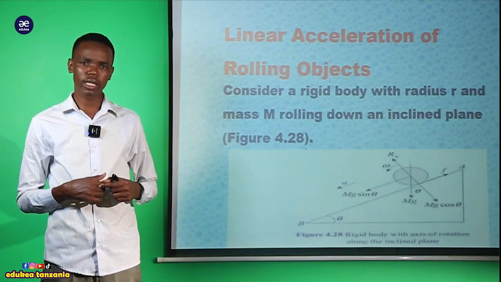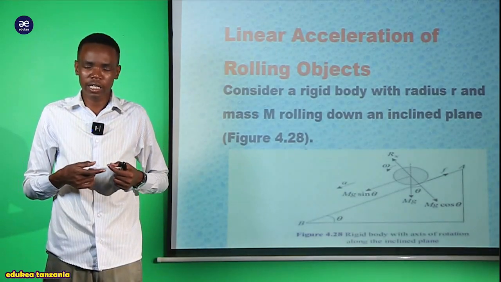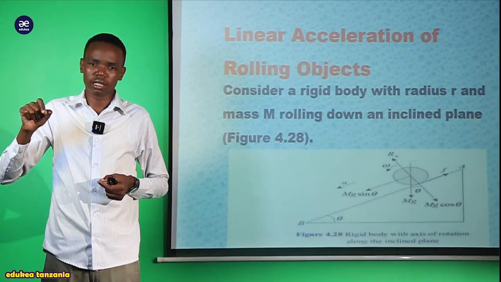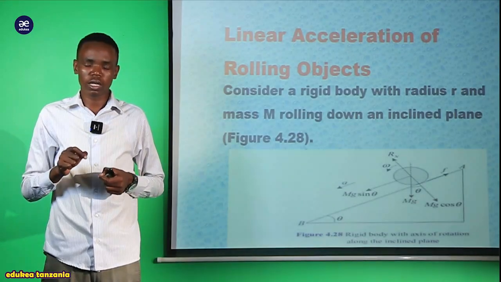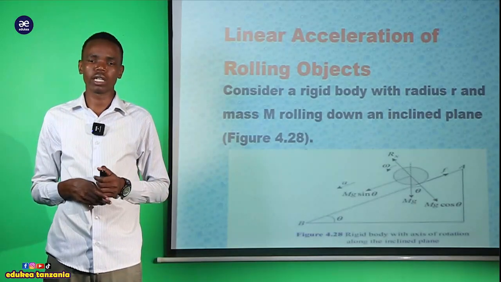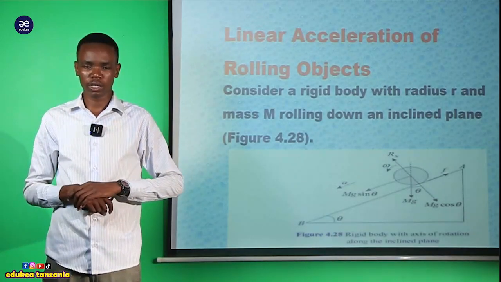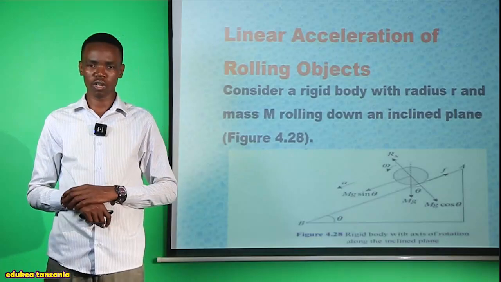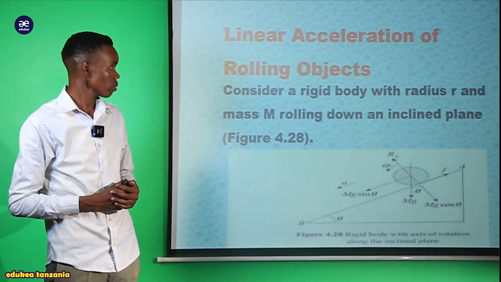So what acceleration could that rigid body take when trying to roll on an inclined plane toward the bottom? That is what we are going to try to discuss in today's discussion.